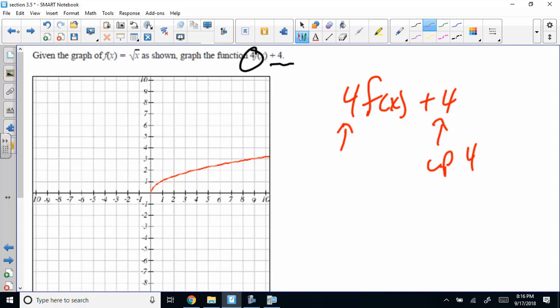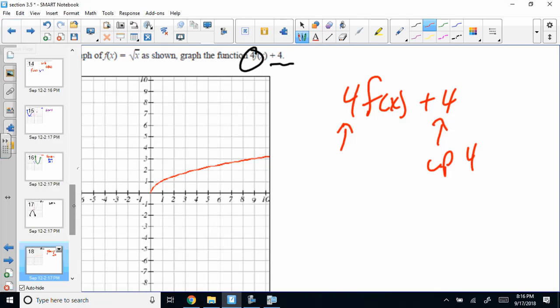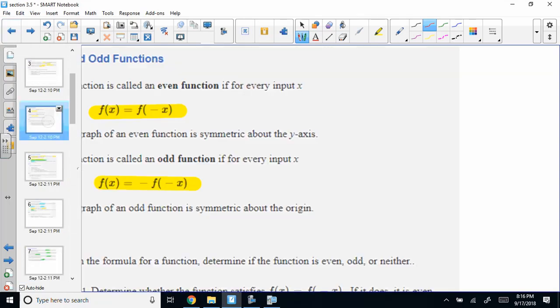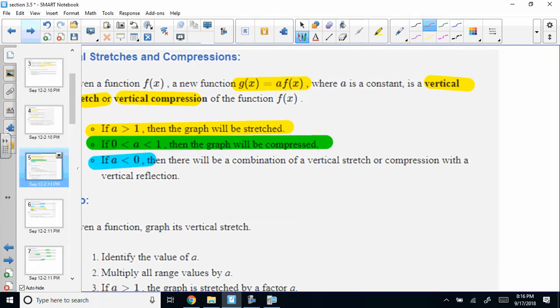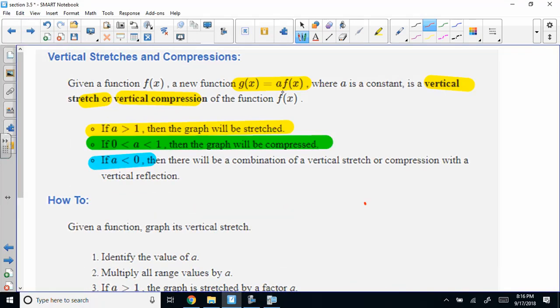Was that how it was written? You got to go look. It's this one, right? If A is greater than 1, it's a what? Vertical stretch. So what was A? A was 4, so there you go. Vertical stretch. Y'all good?